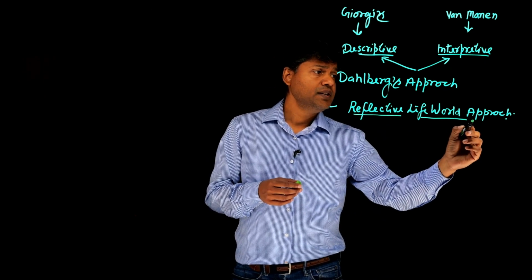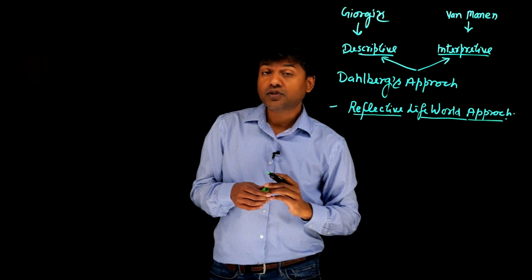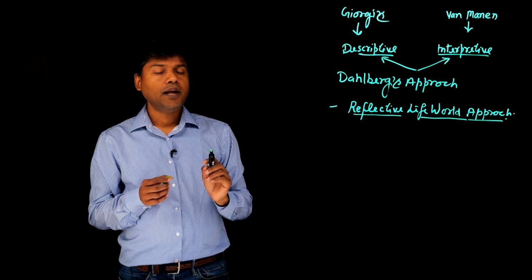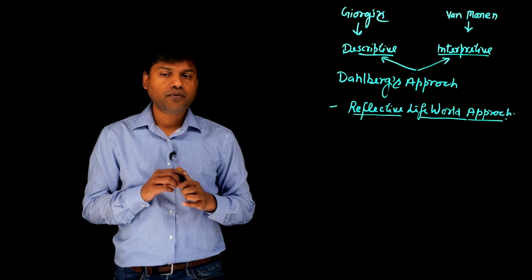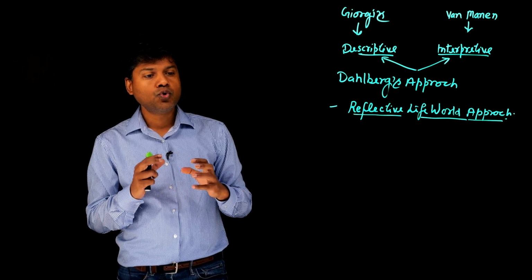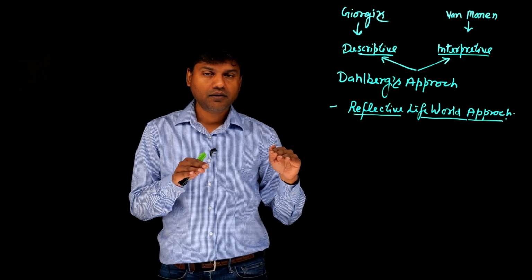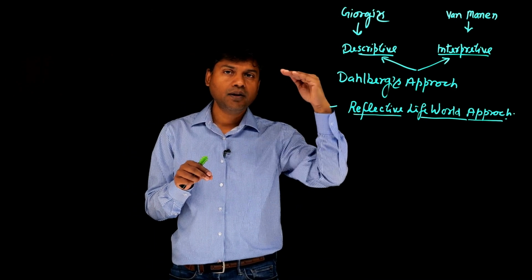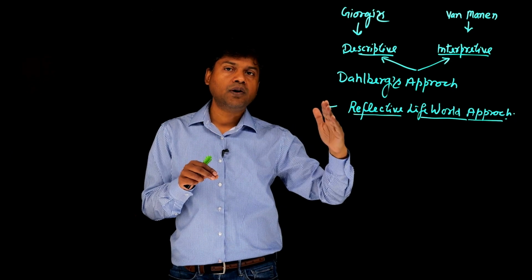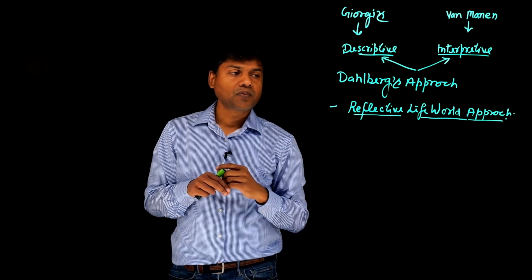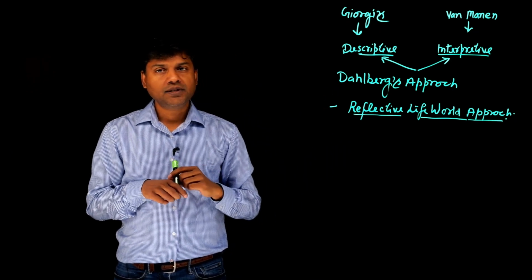Dahlberg's approach is radical in some ways. Unlike other approaches which try to study a phenomenon systematically, in the sense that you have a step-by-step predetermined process of conducting research, Dahlberg's approach is radical.